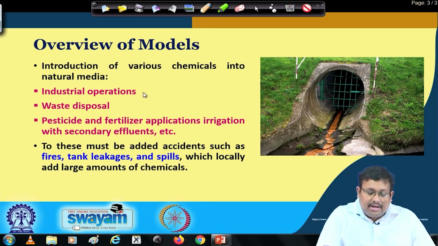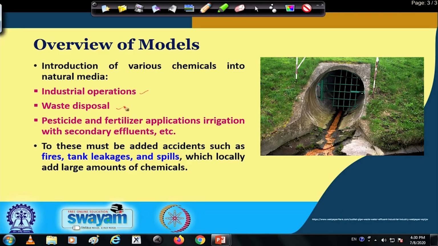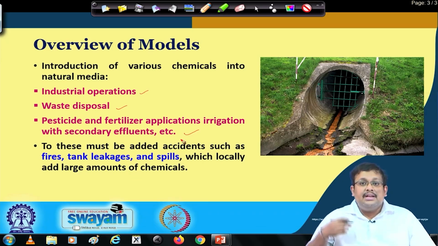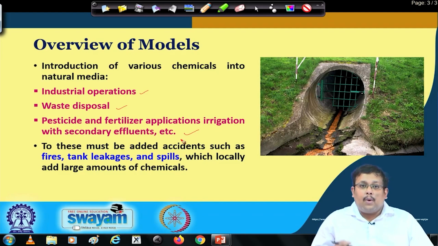First of all, industrial operations, then waste disposal, and then pesticides and fertilizer application in irrigation and with secondary effluents, etc. So, these are some of the major sources of introducing various chemicals into the natural media like soil or water.